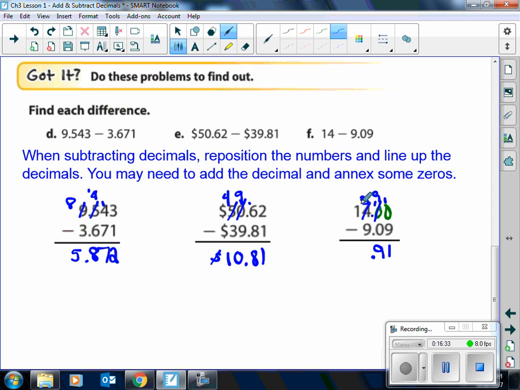And then, see how if I borrowed from this 1, that's going to be a 0, right? And then this 3 becomes a 13. Does everybody see that's already 13? You see? So if you have something like that, then you can just subtract 13 minus 9, right? So 13 minus 9 is going to be 4. And there's your final answer.